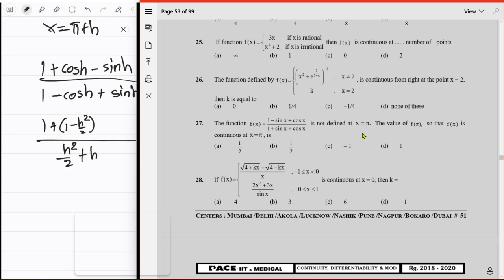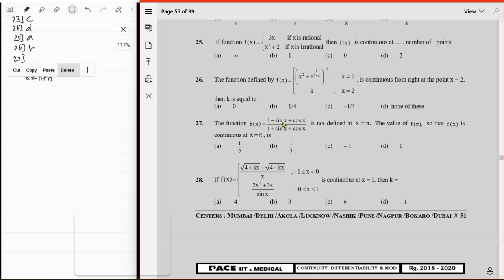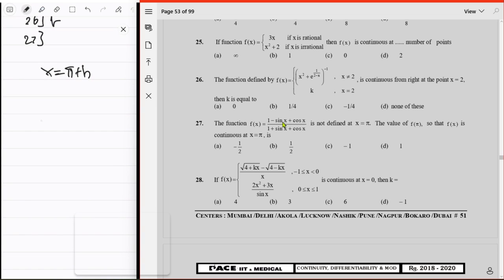Wait, something's not right. It should be negative 1 over there. Sine of pi should be 0. Oh, okay. I get what went wrong. Seriously. It should be just 1 plus sine of h.